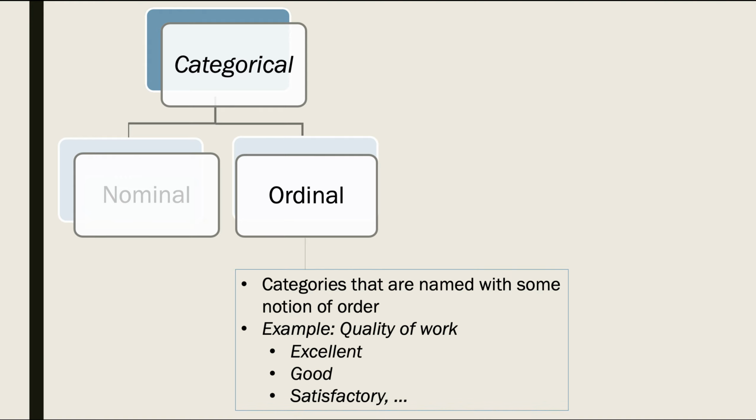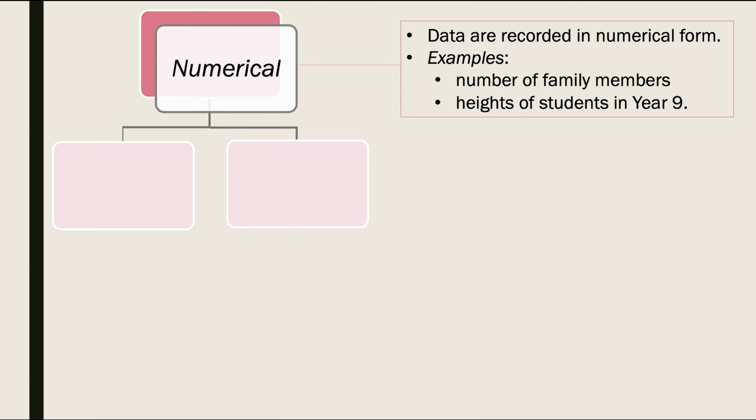Like if I had a nominal example, like pets, I cannot say dogs come before cats, because there is not an implicit order in those categories. But if I'm going to talk about excellent, good, and bad, then there is an implicit order in those categories. Wonderful.